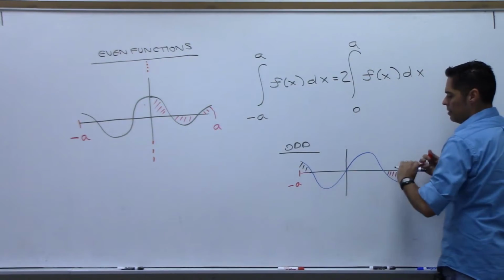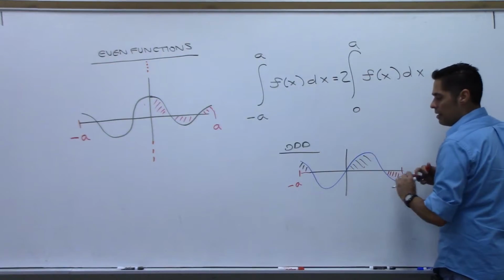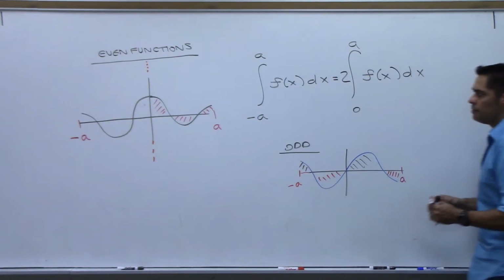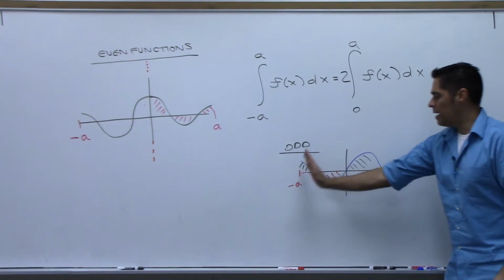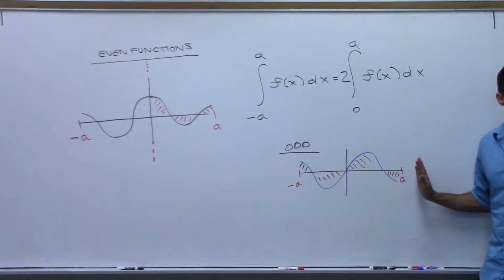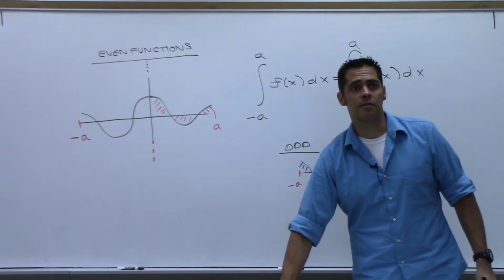And this area here is positive, and on the other side it's negative. So what should that be? If you integrate from negative a to a of an odd function, you should get 0. That's what the next property says.